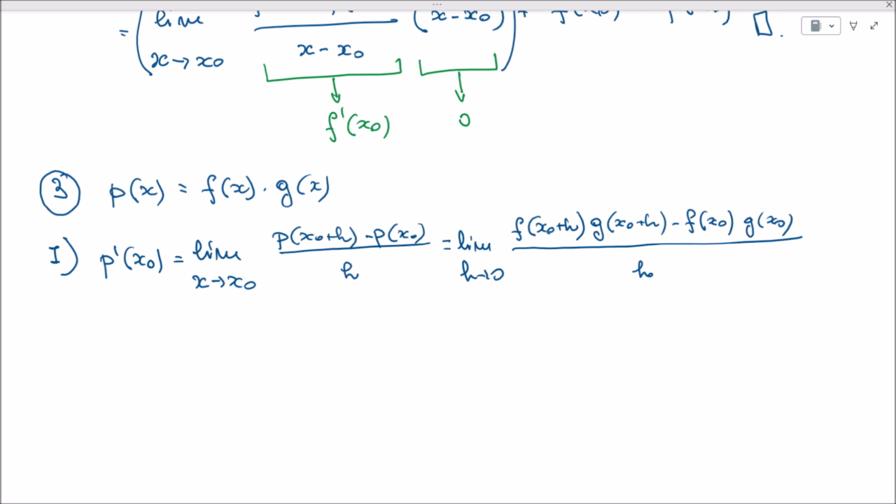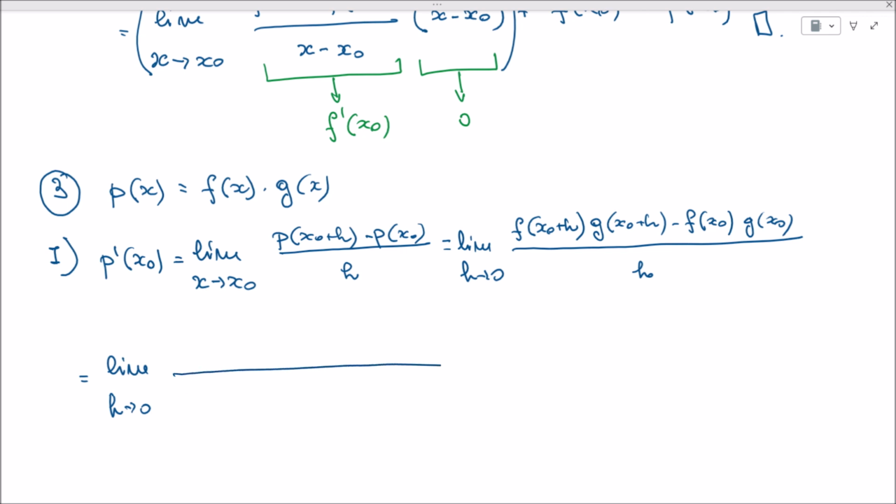And now this is a common trick that we do whenever we have a product. We need to introduce basically the so-called mixed term. Let me introduce this and we'll comment on this after. Okay, limit as h goes to 0.